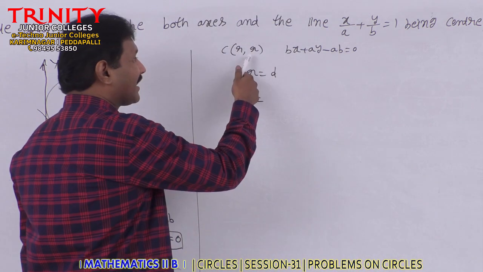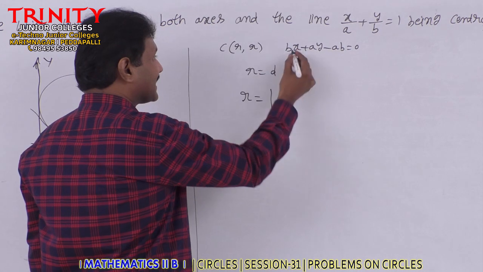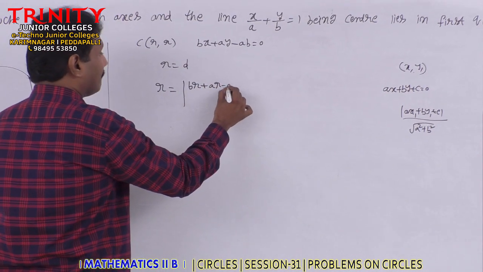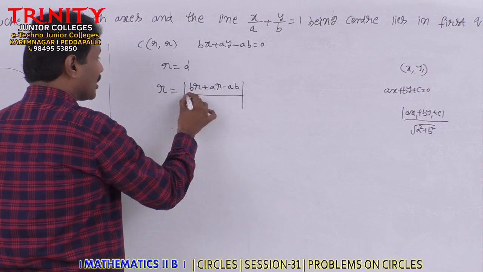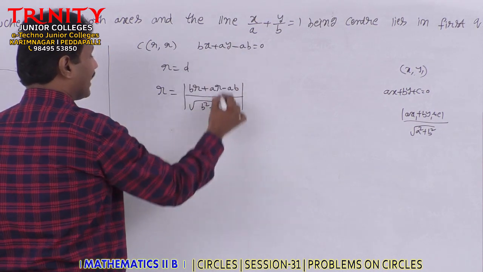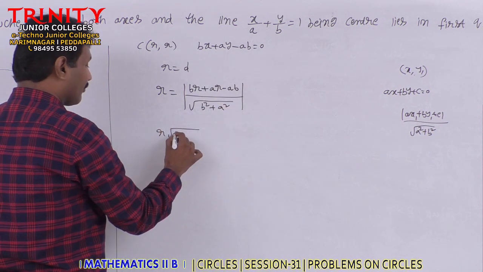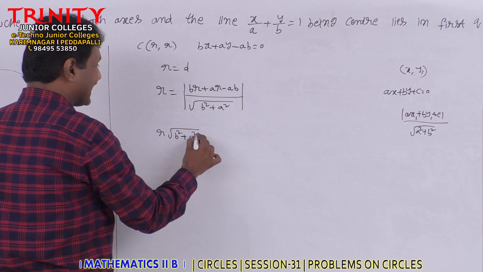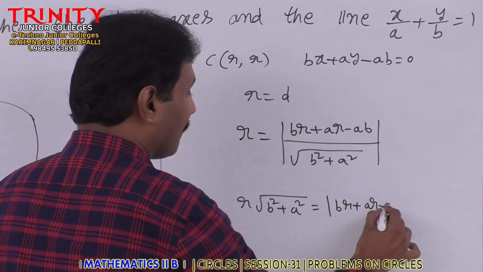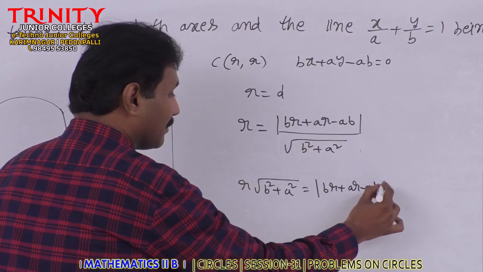Therefore, the perpendicular distance from (r, r) to the line is |br + ar − ab| / √(b² + a²). Therefore, r√(a² + b²) = |br + ar − ab|.